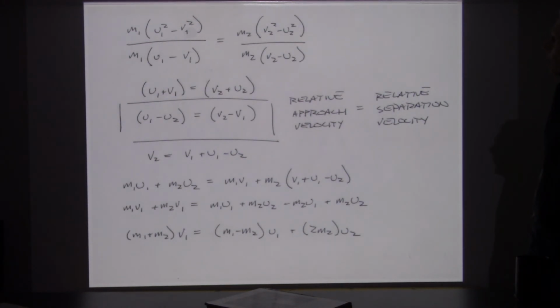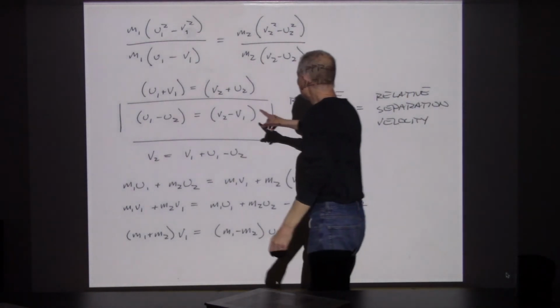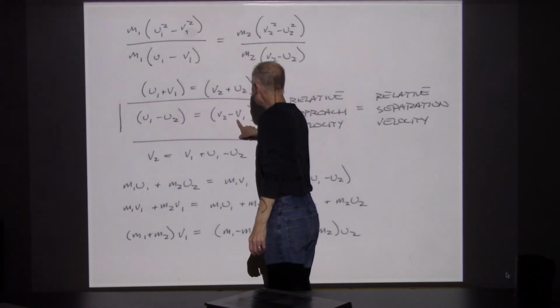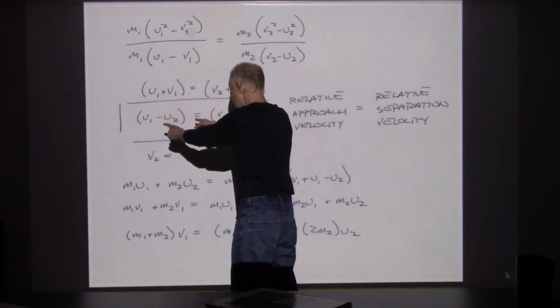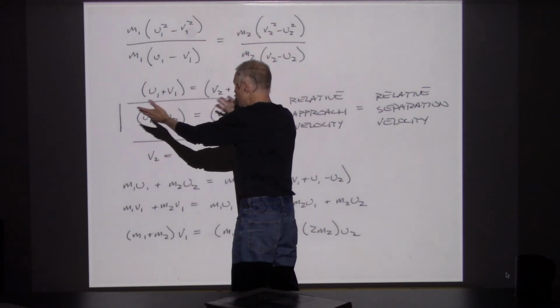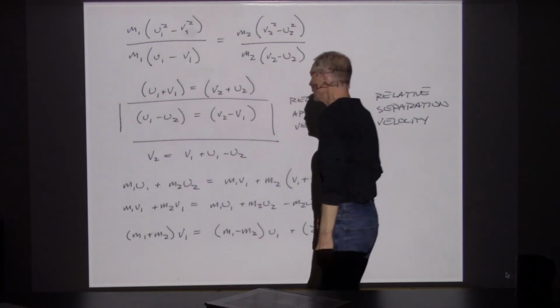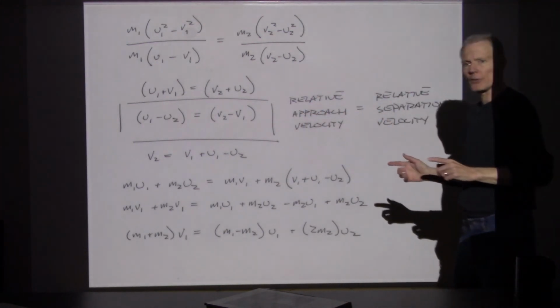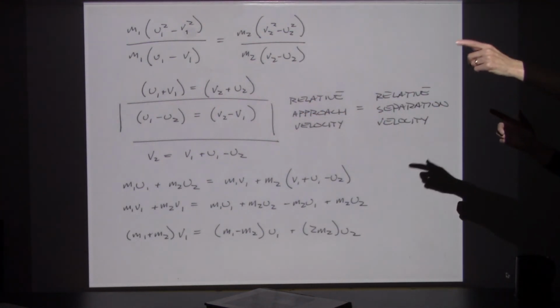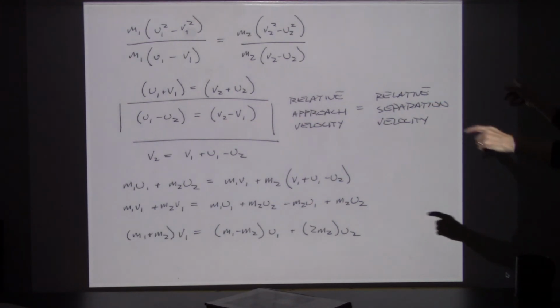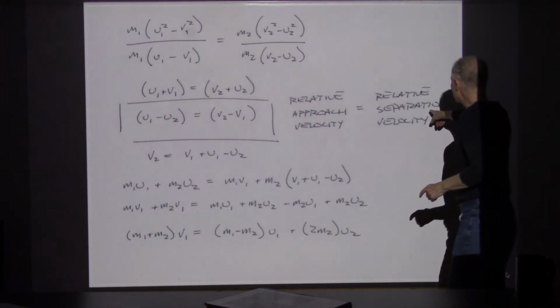Remember, U1 was the higher speed, and U2 was slower. And then at the end, V2 is higher and V1 is slower. So if the difference of the initial speeds is 15 meters per second, that will also be true at the end. The relative velocity of approach equals the relative velocity of separation.